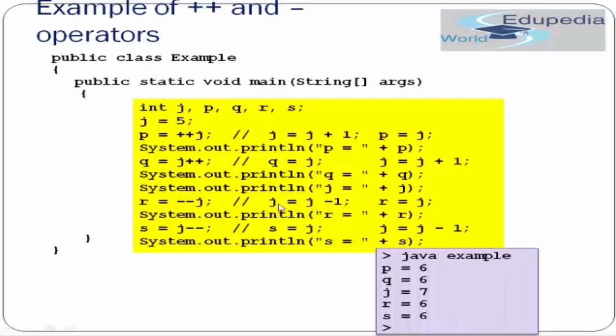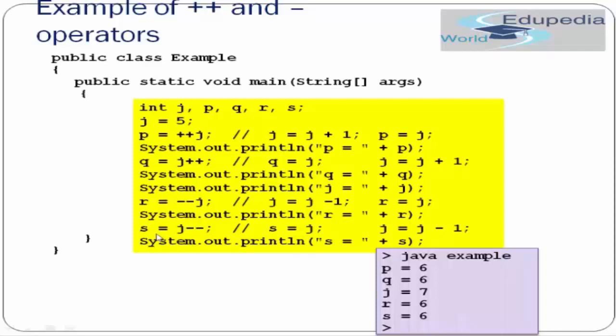When J was incremented in the last section, it became 7. So when we decrement the value of J, it will become 6. And then we are assigning it to R, so R will have the value 6. When we print the value of R in this line, it will print 6. I hope that's fine.